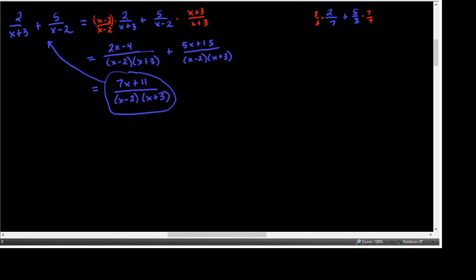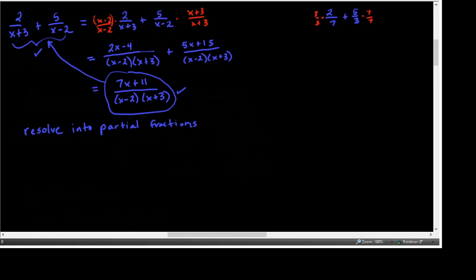This process is called, if you take 7x plus 11 over x minus 2 times x plus 3, and we say that we resolve it into partial fractions. And that's the process by which we'll go backwards in doing a problem from something that looks like this and making it so that it looks like that up there.